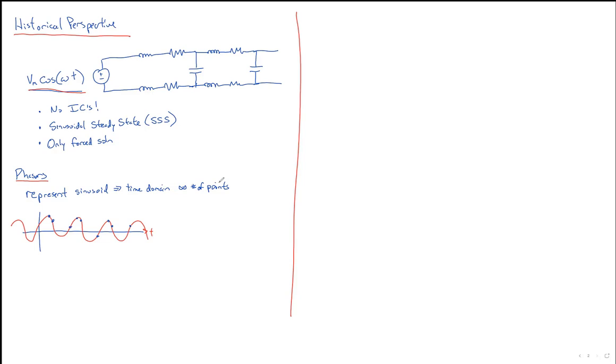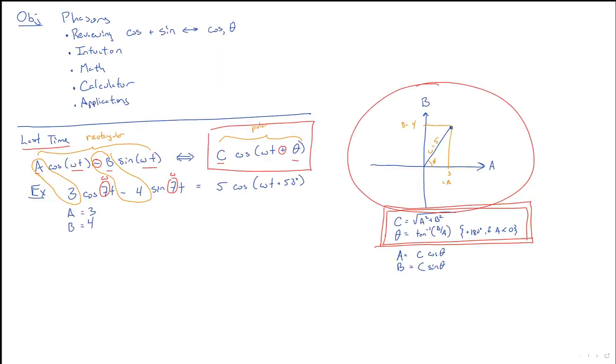Now I'm not talking about the time domain where you need an infinite number, but going back to what we talked about on this screen, how many different numbers were necessary to fully specify a sinusoid?